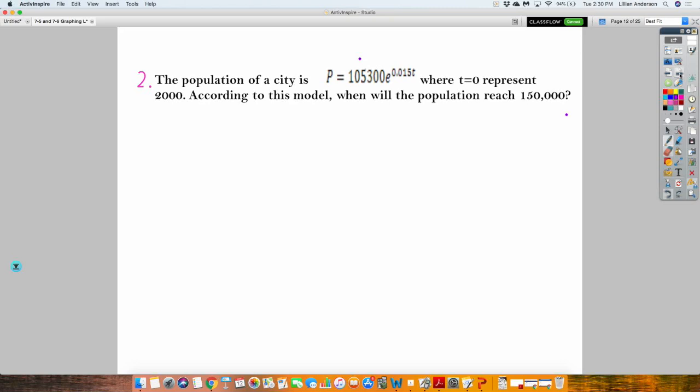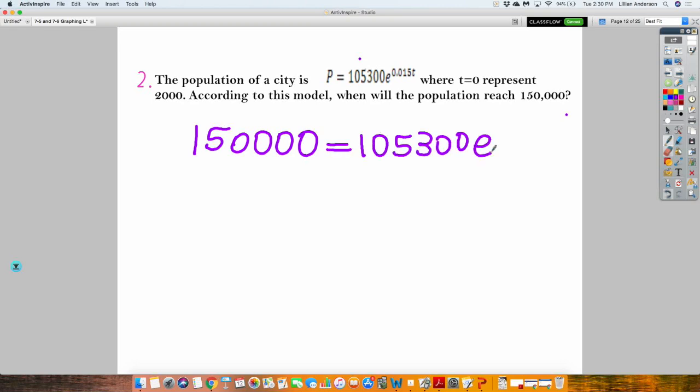What does the 150,000 represent? Population, the P-value. The population at a certain year in which it reached that much. So I'm going to set this equation equal to 150,000.